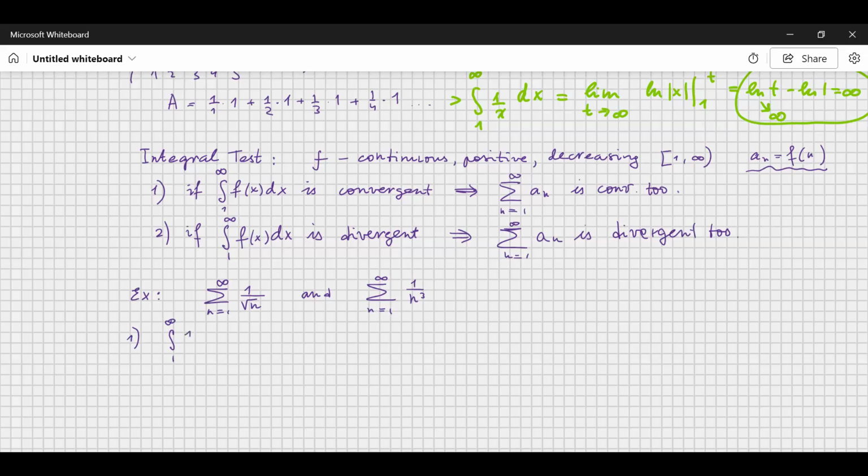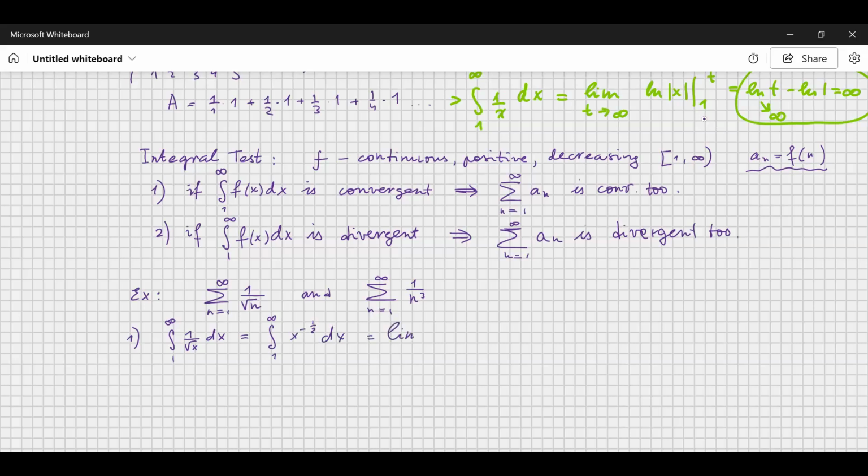The idea is to calculate the integral. The integral is going to be 1 over square root of x dx, right? To make integration a bit easier, I'm going to write it as x to the power of negative 1 over 2 dx.